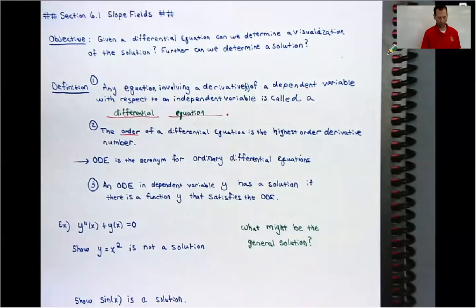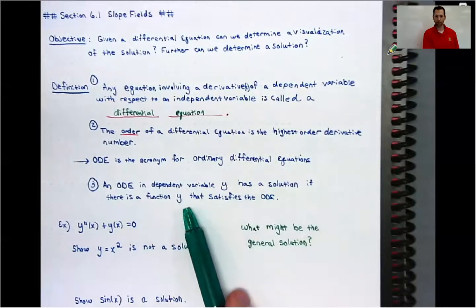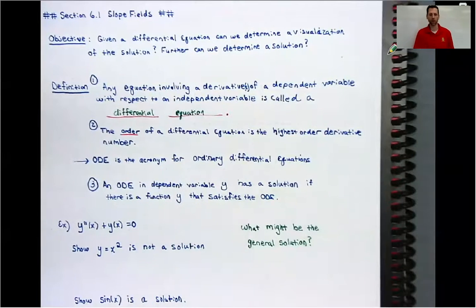We love TLAs, so that's why we didn't call it just a DE. And an ODE, in a dependent variable y, has a solution if there's a function that satisfies the ODE. That's all we're looking for. Just like if I gave you a quadratic equation, we're hoping to see whether there is a number that satisfies that equation. Here, we're just looking for whether there is a function that satisfies the differential equation.